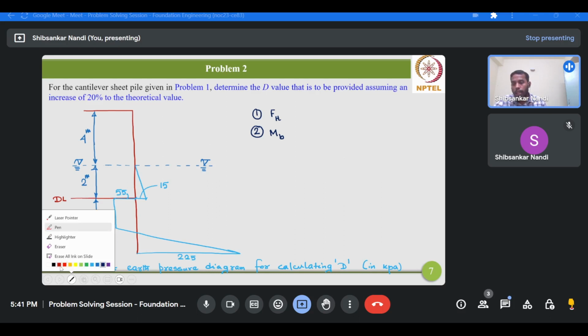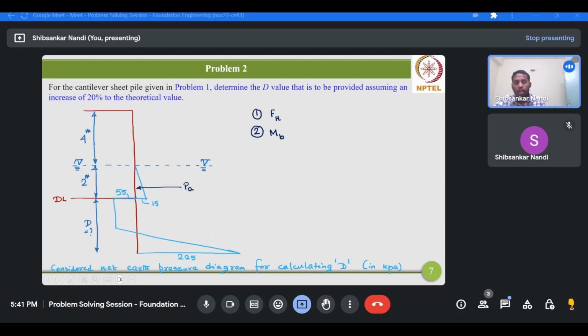first introduce some variables. So this is the active earth pressure, and this is the resultant of active earth pressure.